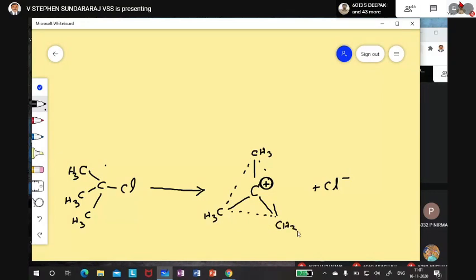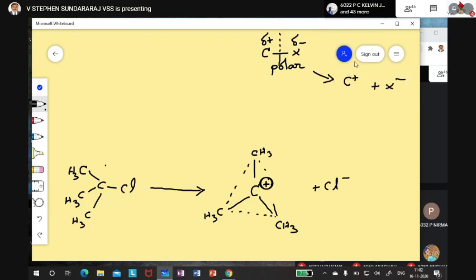In C-X, X is more electronegative, so it is delta minus and the carbon is delta plus. It is a polar bond. So when it breaks by heating, or by any catalyst or reagent, it will give C plus and X minus. Heterolytic fission only will take place.